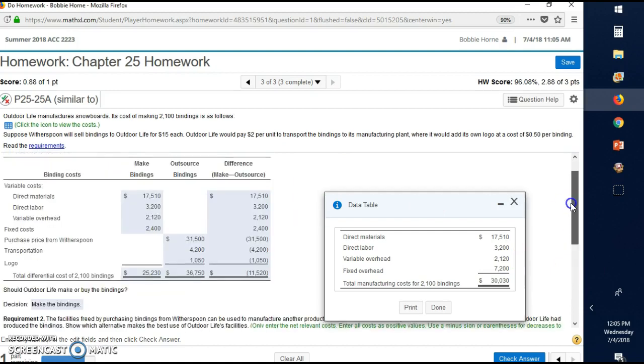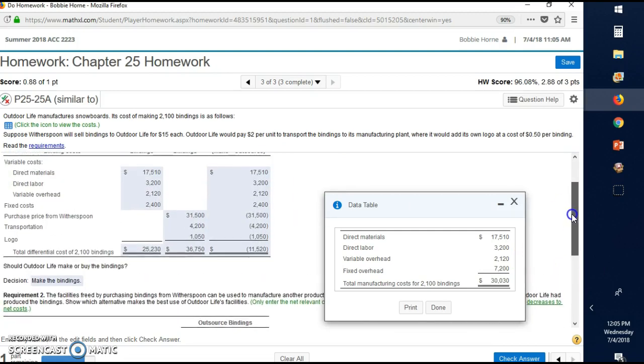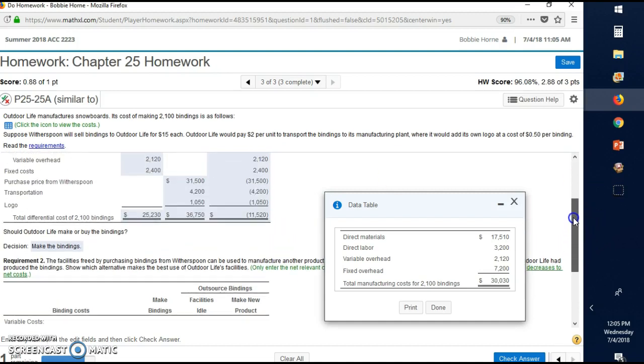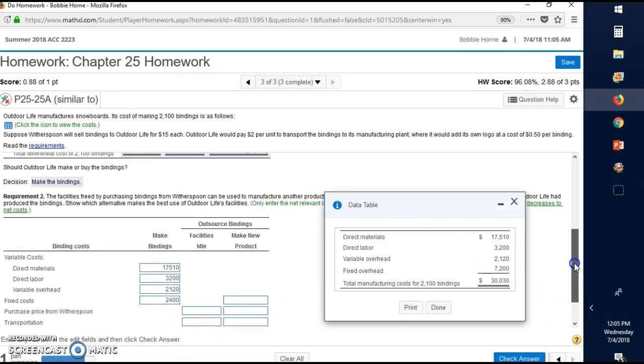So we can enter the information up here into our problem, 17,510, 3,200, 2,120 and 2,400. This is not going to change because we've already done this in the previous.